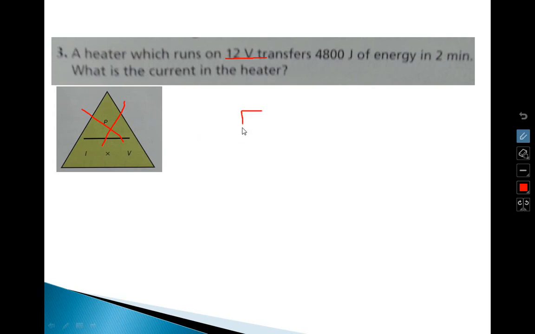E, which is energy, this equation we discussed today in the first slide.